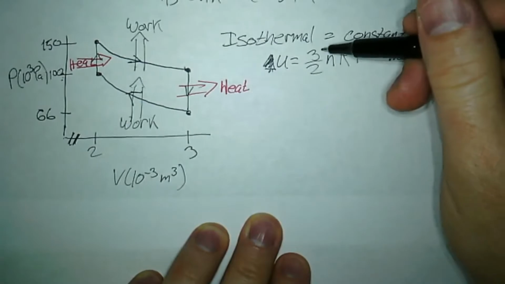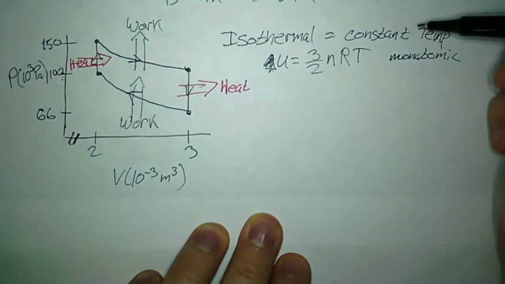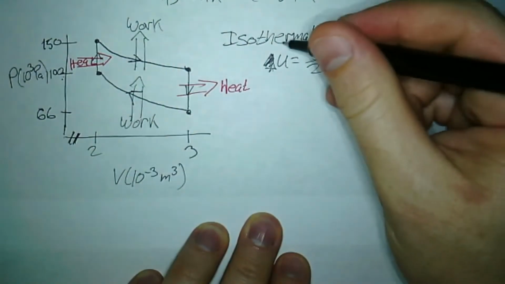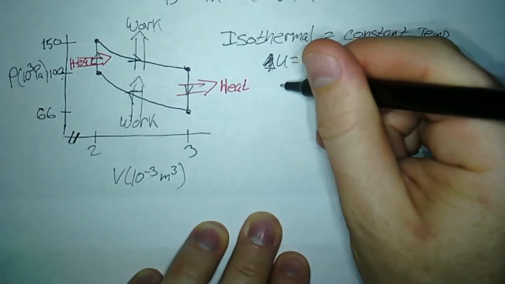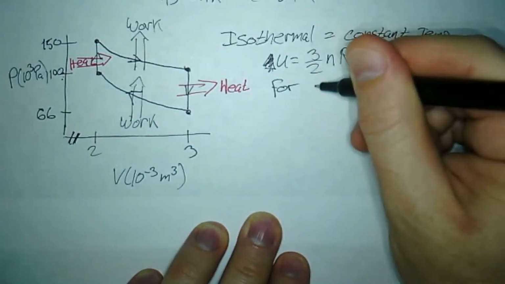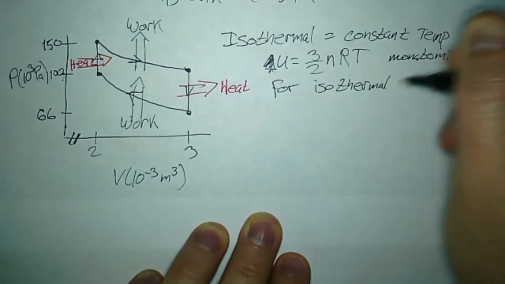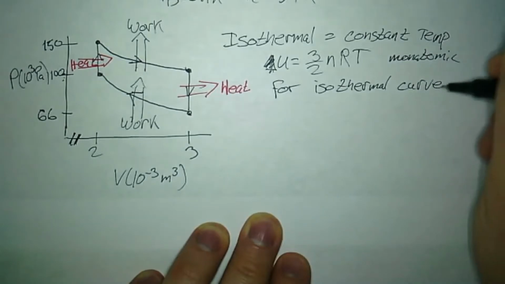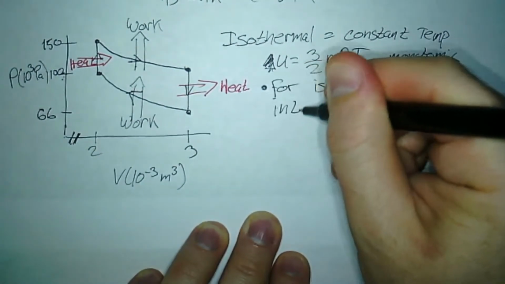Diatomic would be 5/2, but the point is it depends linearly on the temperature. So I know that for an isothermal curve, we actually have a constant internal energy. Write that down.